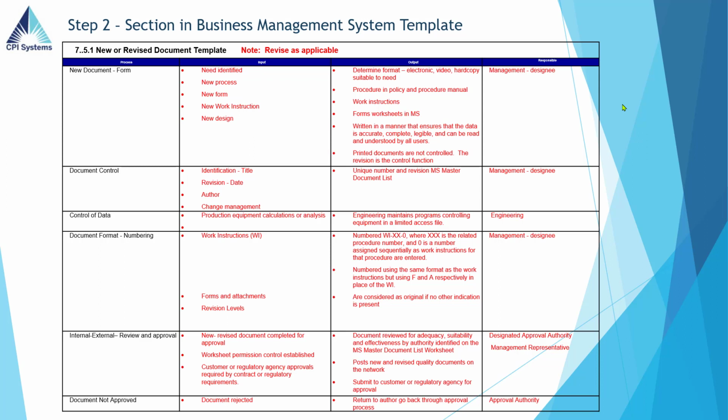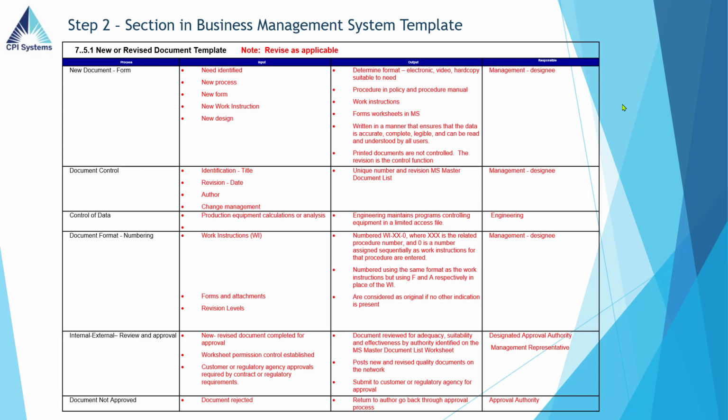So if you have a system where you have an actual new document process, you might say that the first input is a change request or a request form. But what we do is we actually go in here and put exactly what your process is and the input, the output from each step.